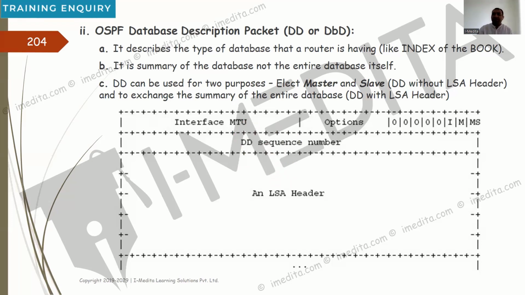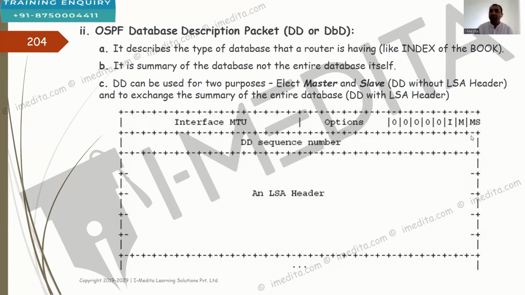You can see that even this DBD packet starts with those common 24 bytes, and thereafter it contains the interface MTU. That is why we say that in OSPF the MTU needs to match, and only then can neighborship come up between two routers. Then you can also see some flags like I, M and MS. I is the initial DBD, M means more DBDs, and MS is master-slave.